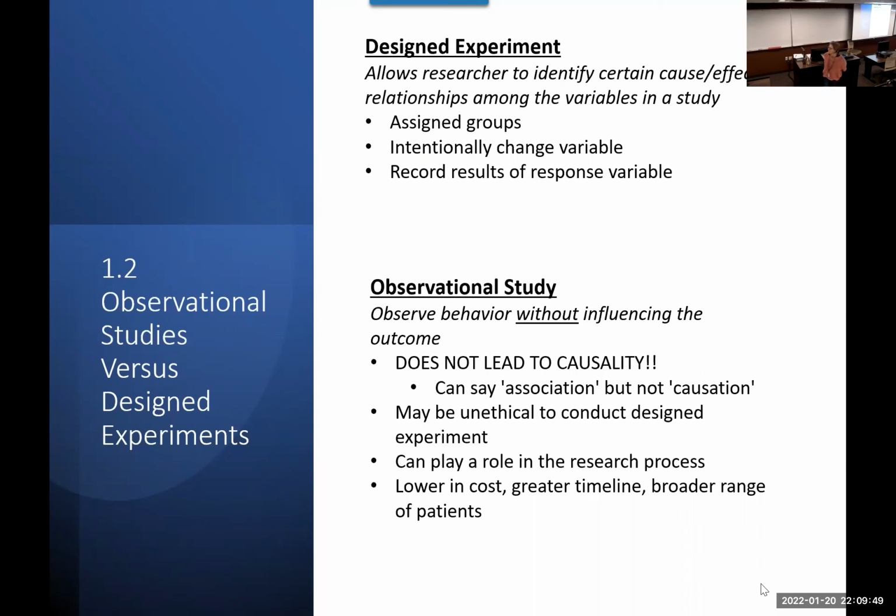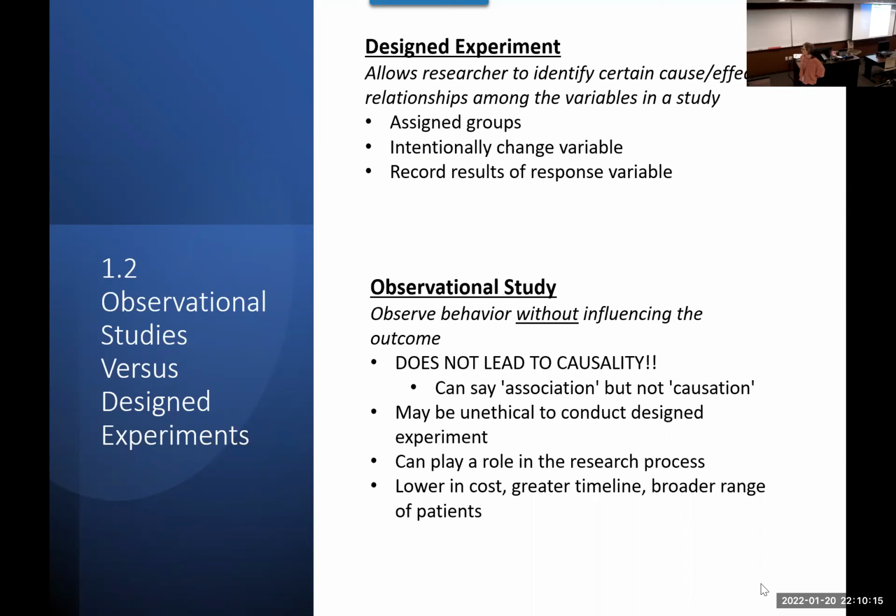Generally, you might do an observational study to determine whether there's an association, and then go on to come up with some sort of experiment based on that hypothesis. So it does have a role.